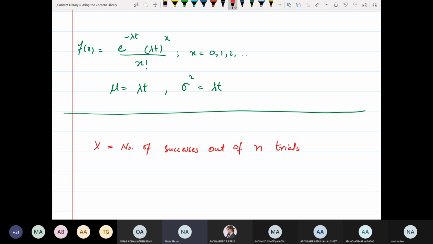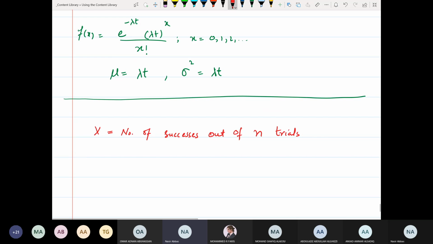You were interested in how many successes in the next n trials. You knew that you were going to perform the experiment 10 times, 20 times, 30 times, whatever number of times, so n was known. And you were interested out of these 10 trials, how many of them will result in success, how many of them will result in failure. This is where you were interested.